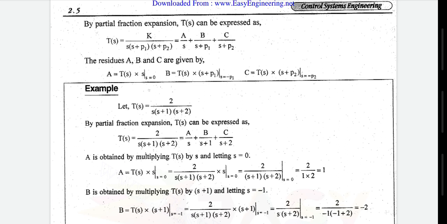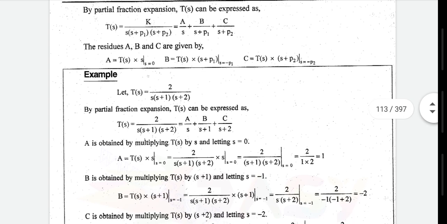Remember here, students, whatever value you have to calculate, that value is equal to your transfer function multiplied by the corresponding denominator factor, that is s, by making s equal to 0. Then you will obtain the A value.